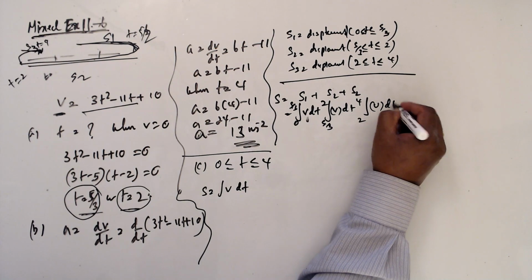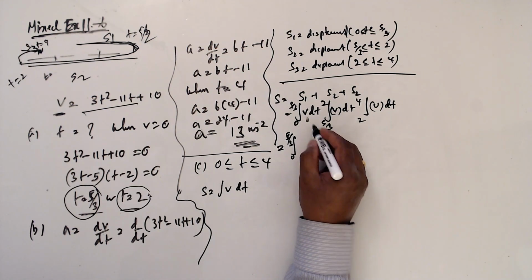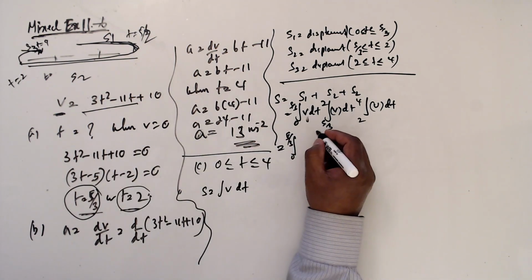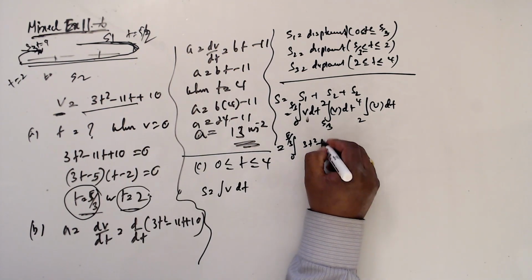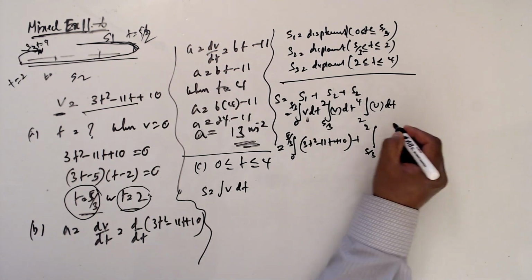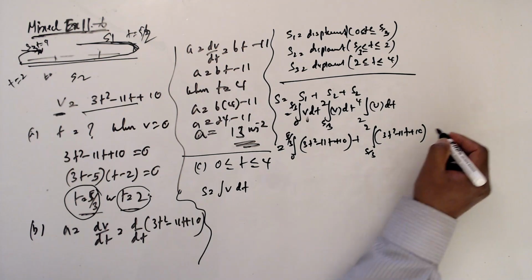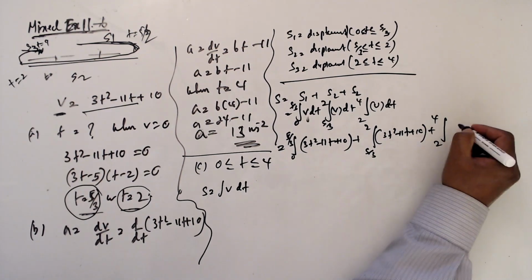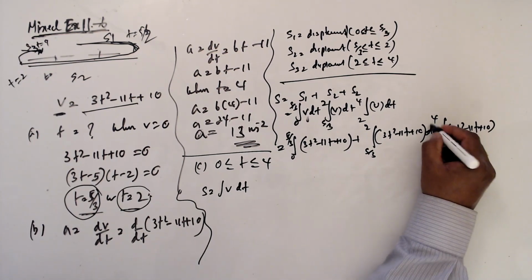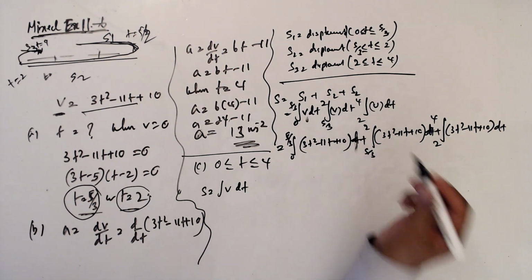So this is 0 to 5 by 3, V is this one, 3t square minus 11t plus 10, plus 5 by 3 to 2 of 3t square minus 11t plus 10, then 2 to 4 of 3t square minus 11t plus 10 dt.